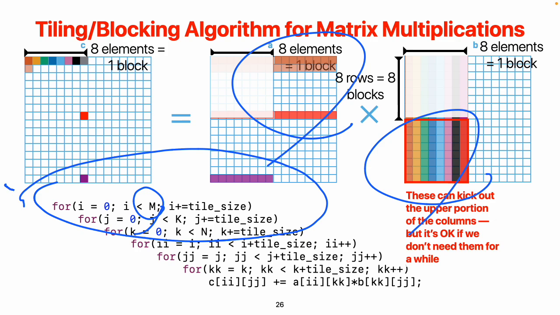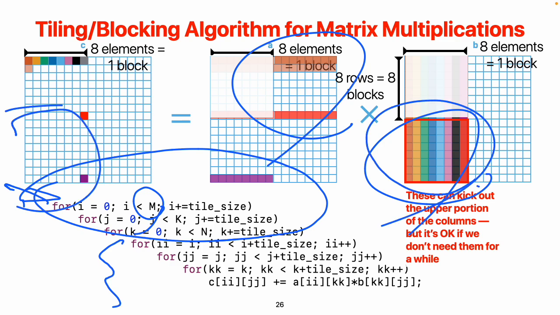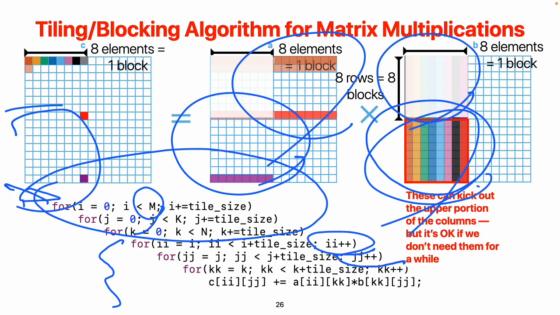That's why you structure the outermost 3 levels this way. And the innermost 3 perform the matrix multiplication for each tile you selected. That's why here we do I++, JJ++, and KK++, and we set a boundary to be just the tile size.